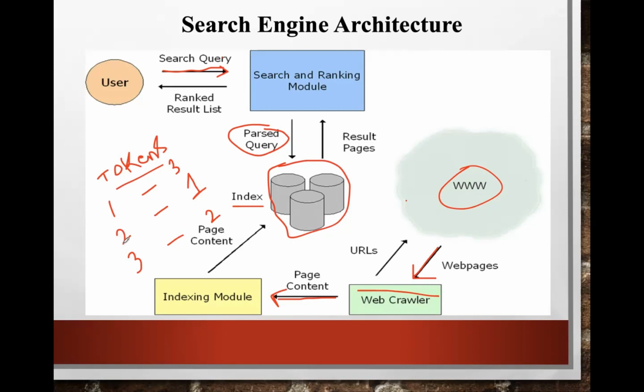The second document will be listed on top, followed by the third document and then the first one. This is how the ranked result list will be displayed as output to the user. So this is the complete search engine architecture. Let us discuss all these things in detail.